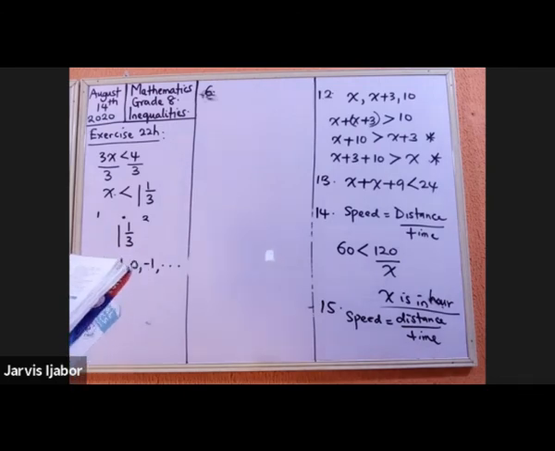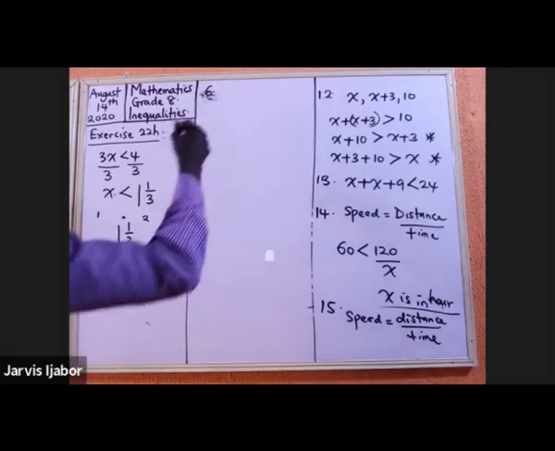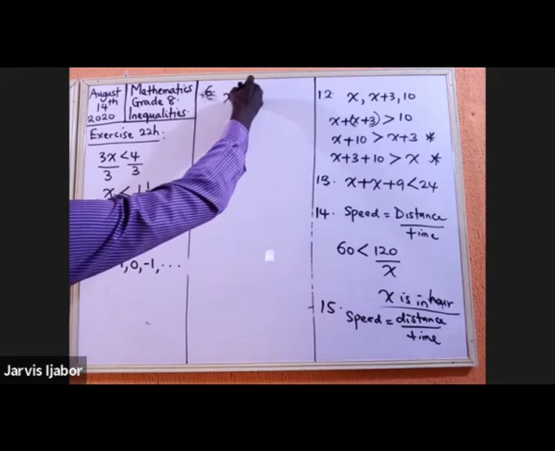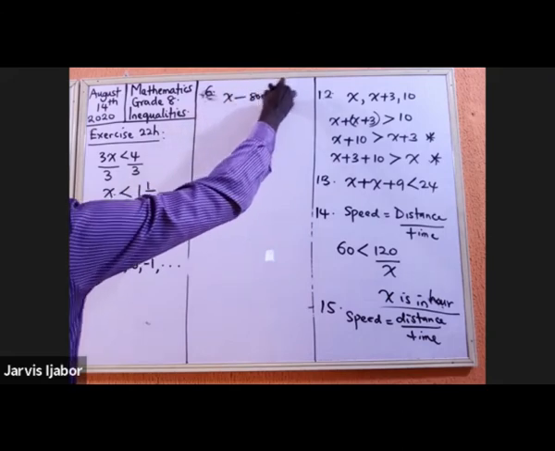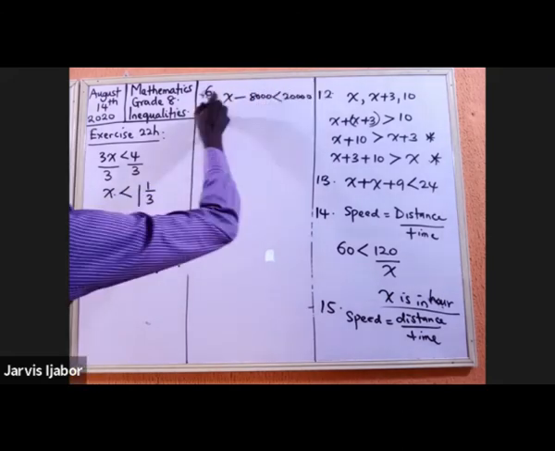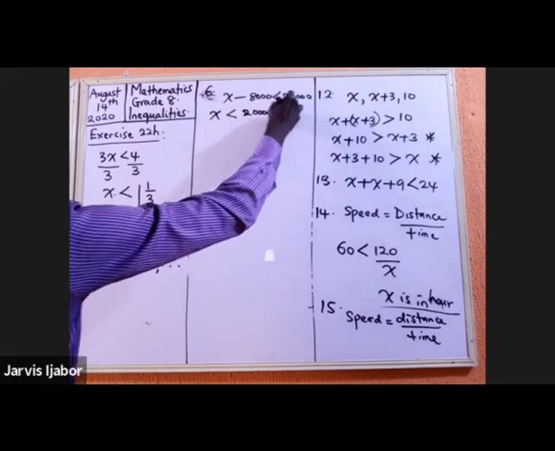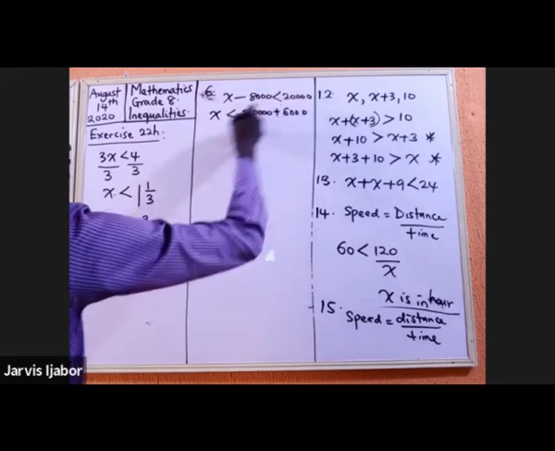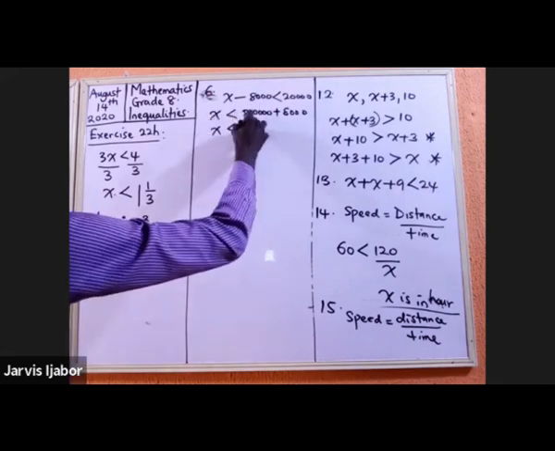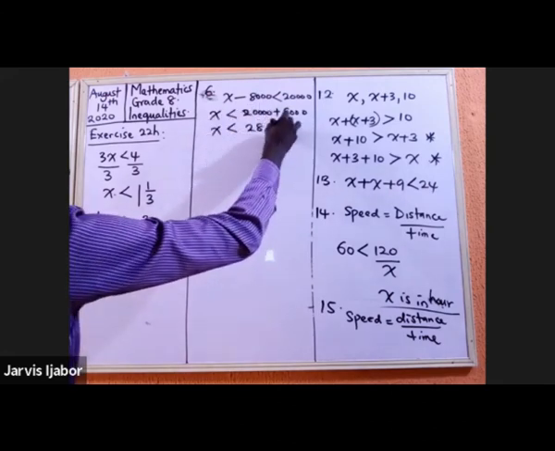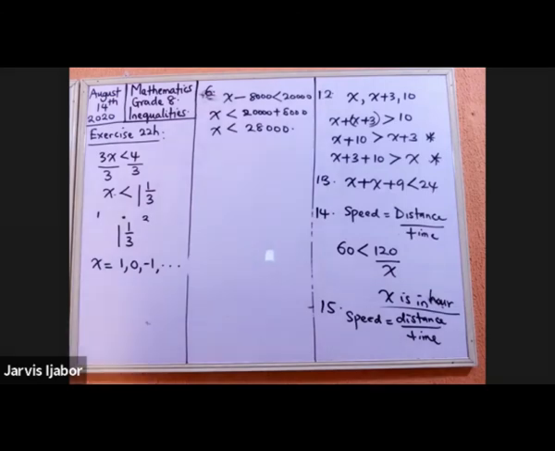Right? He's left with less than 20,000. What is his salary? Find the range of values of x. Okay, fine. This one is straightforward. X minus 8,000 will be less than 20,000. So which means that x will be less than 20,000 plus 8,000. And that will give you x less than what? 28,000. So x is less than 28,000. Right?